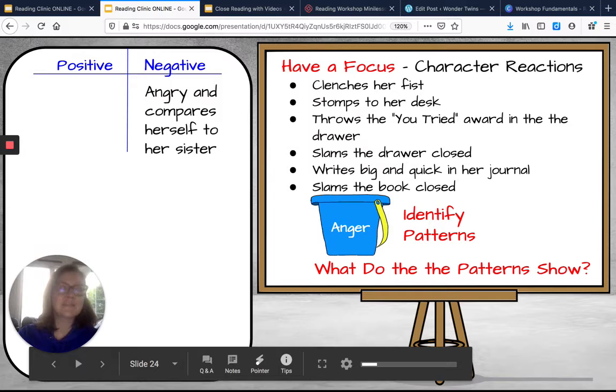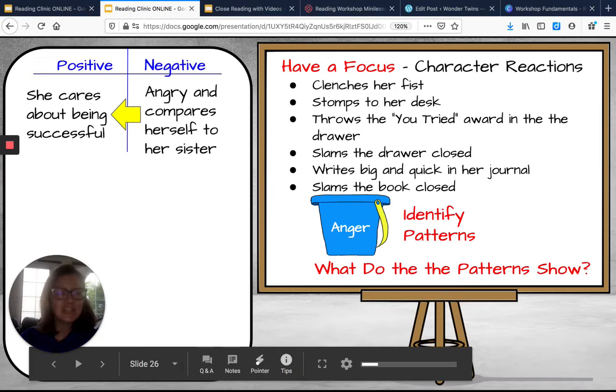So then I'm going to ask myself, well, why is she angry? Is there a positive in there? Why is she having such a big reaction, a big negative reaction? When I thought about it, I thought, I think she really cares. I think she cares about being successful because she keeps trying and trying, and she has lots and lots of these You Tried awards, so she's not giving up. So this is something that she must really care about.